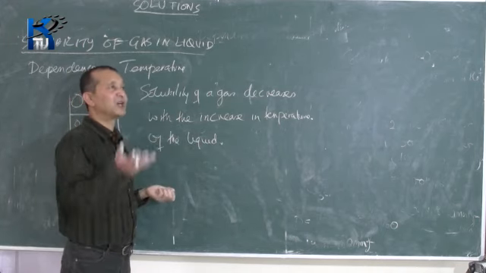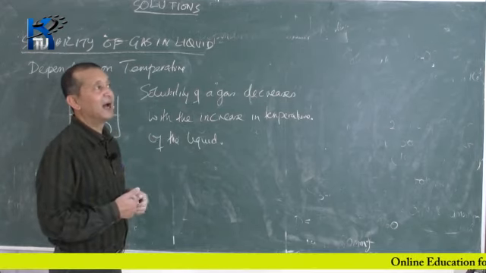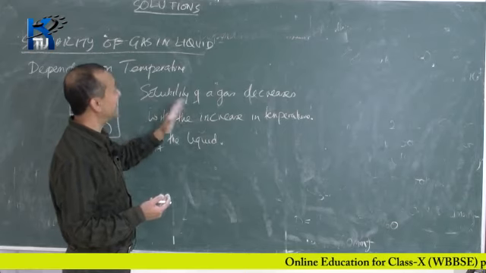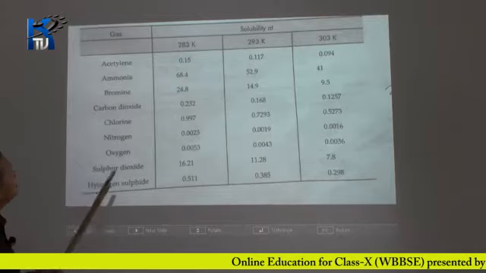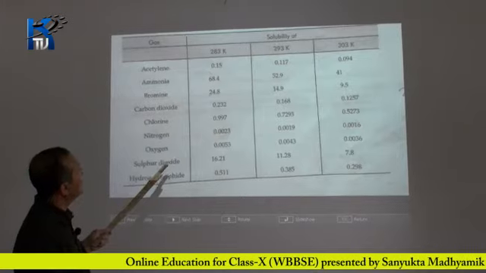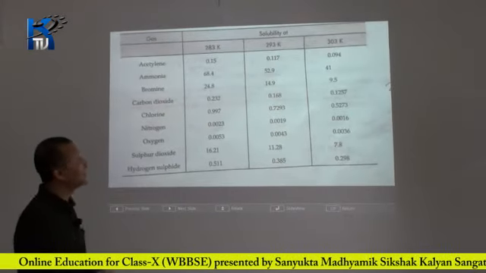Now we have a chart which we will discuss to show how solubility of a gas depends upon temperature. It shows the solubility of different gases in water at different temperatures.